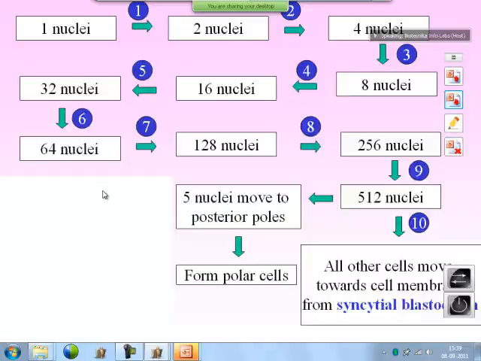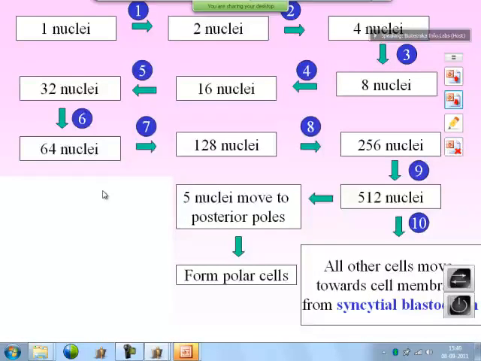So whenever an egg undergoes fertilization, it will form one zygotic nucleus. One nucleus will undergo division and form two nuclei. So after the first cleavage you will get 2 nuclei, after the second cleavage 4 nuclei, third cleavage 8 nuclei, fourth cleavage 16, fifth cleavage 32, sixth cleavage 64, seventh cleavage 128, and after the 8th cleavage you will get 256 nuclei. Now after the 8th cleavage, the migration of nuclei towards the cell membrane starts.